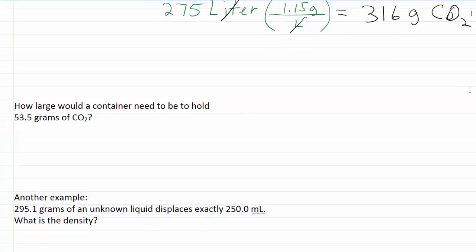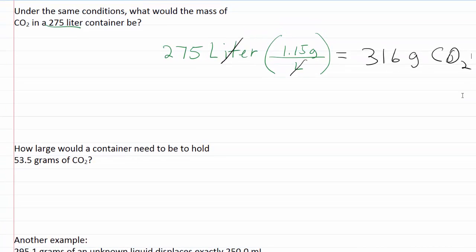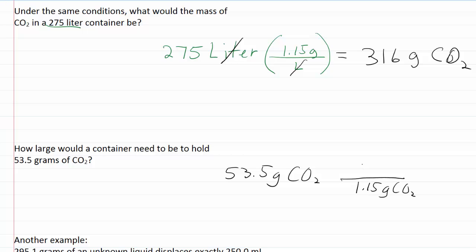Second example of the same thing. How large a container would hold 53.5 grams of CO2, and our density is 1.15 grams per liter, but I need grams in the denominator. 1.15 grams of CO2 in every 1 liter.